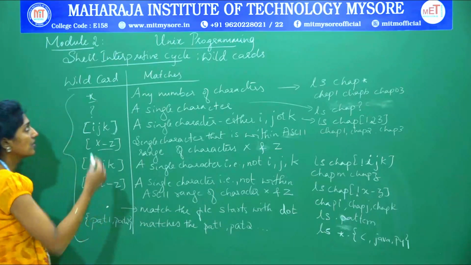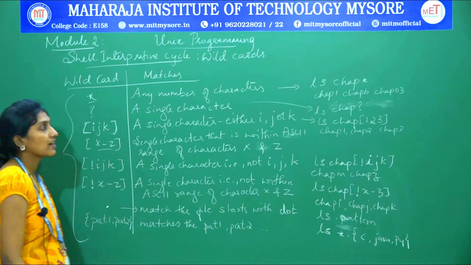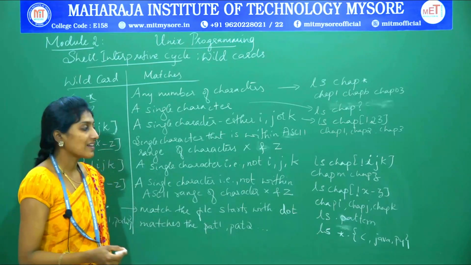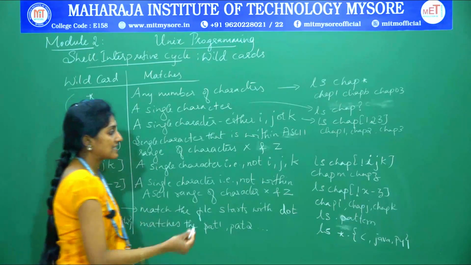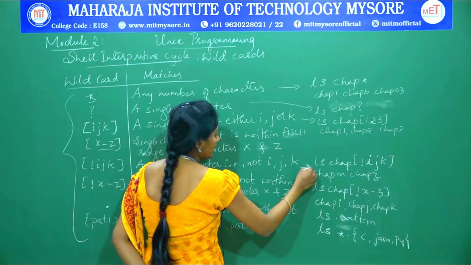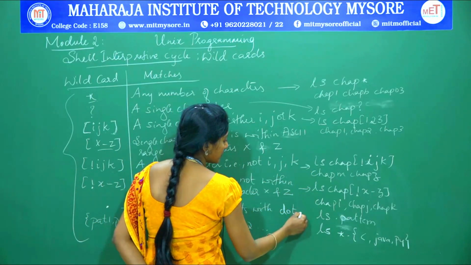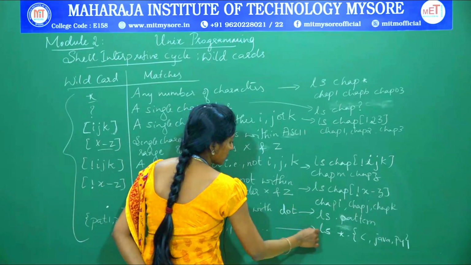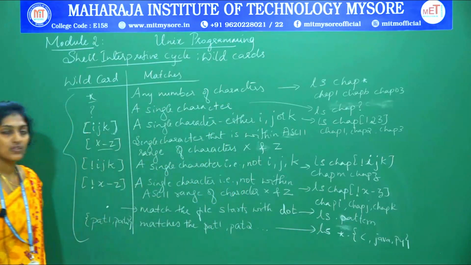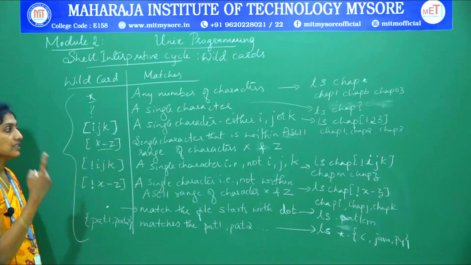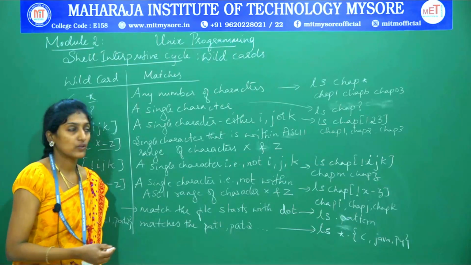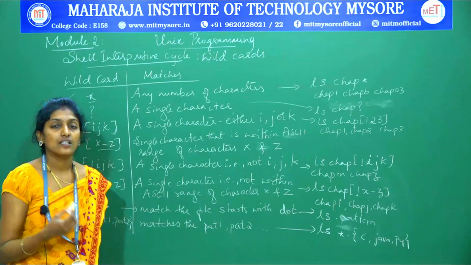Okay, I hope this has been understood with the different wildcards, how to use them. I have given an example for each one, and how it has been matched. So this is how it matches different file patterns by using wildcards in the shell.